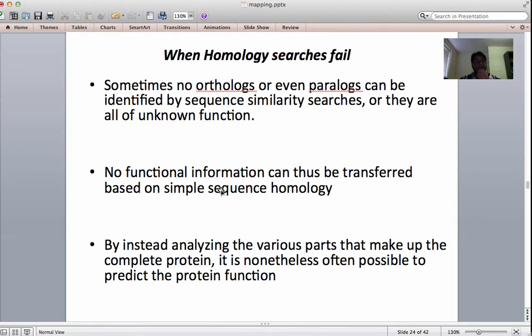Sometimes homology searches fail. For example, no orthologs or even paralogs can be identified by sequence similarity, or they are unknown. No functional information can be transferred based on simple sequence homology. In that case, you instead analyze the various parts that make up the protein, because sequence similarity or homology doesn't give you good results.